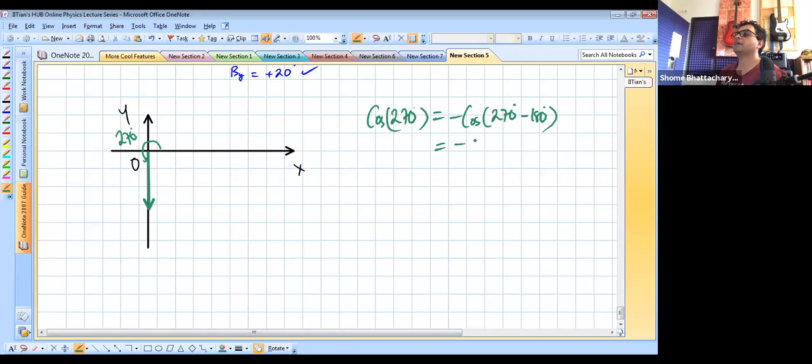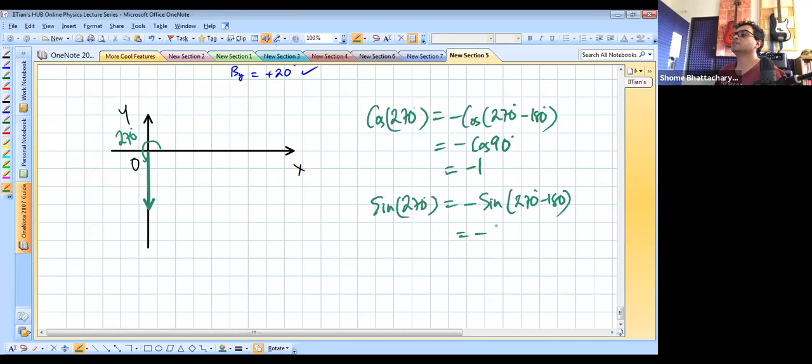That is minus cos 90. That is minus 1. Whereas sine of 270 is minus sine of 270 minus 180.